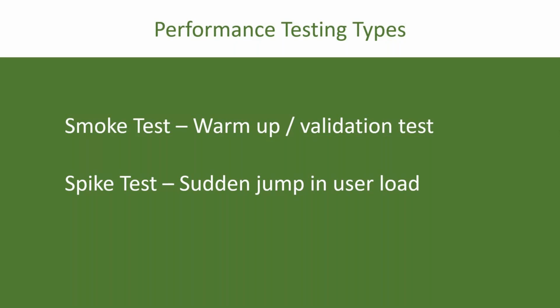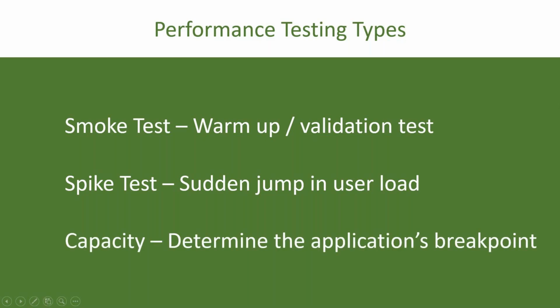So there is a sudden jump in the user load. Then capacity is to determine the maximum limit of the application, but both capacity and stress test go hand in hand. So that is capacity.